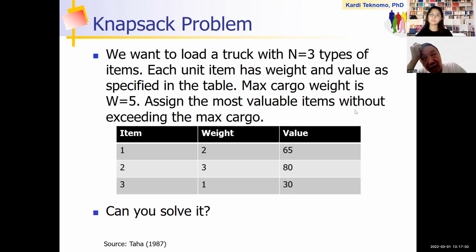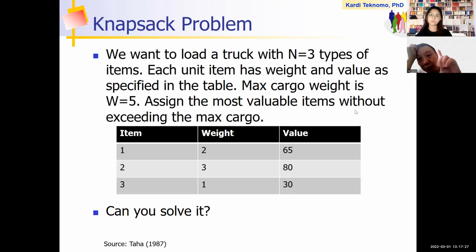What is the input, and what is the output? The input should be the cost, right? The input is this table. So there is cost and benefit. Cost is the weight, and the value is the benefit.